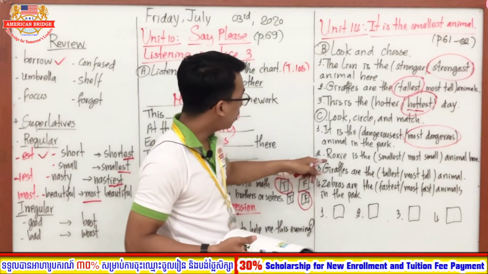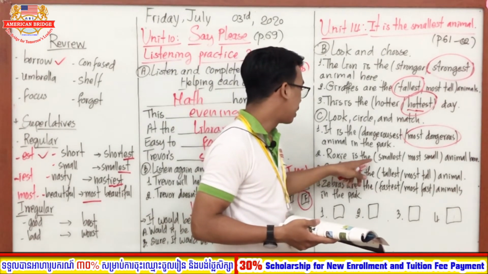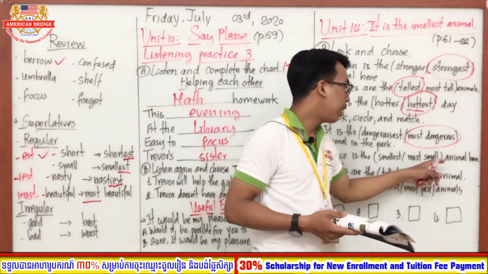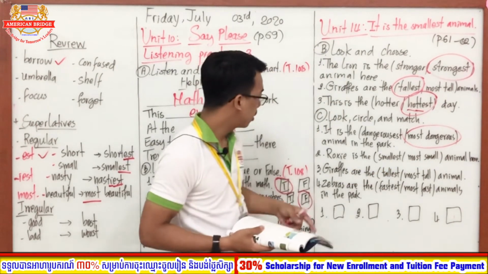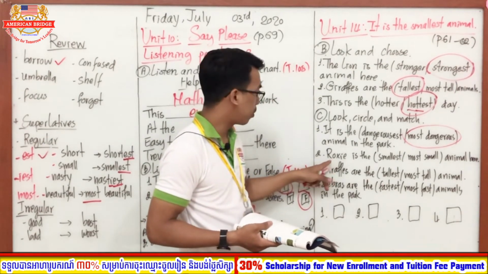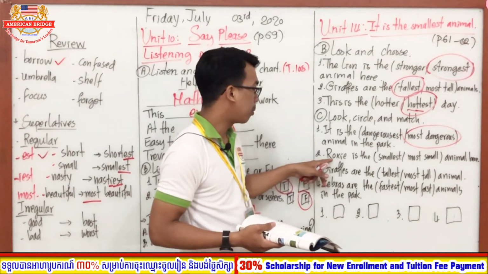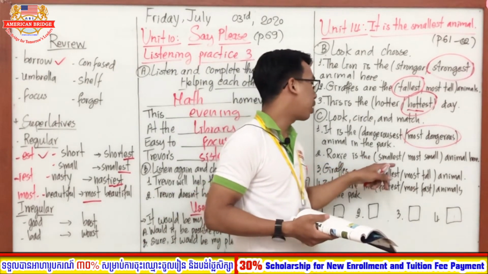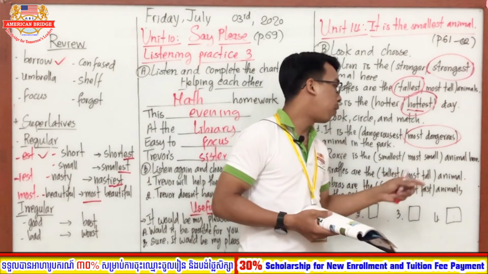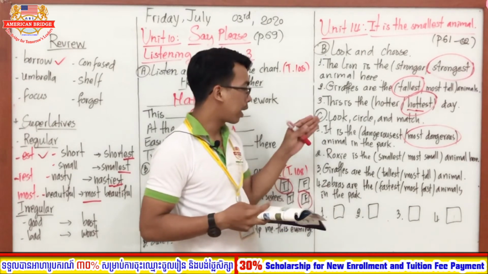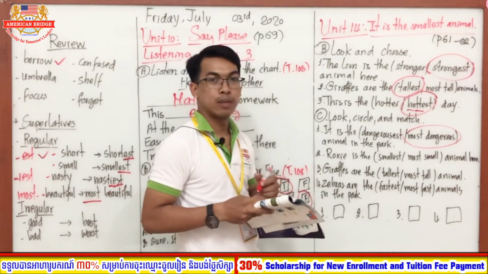You see? Good. Alright, and move on to number 2. Rosie is the smallest, most small animal here. So Rosie is an animal, everyone. So which one is the correct answer, first or second?